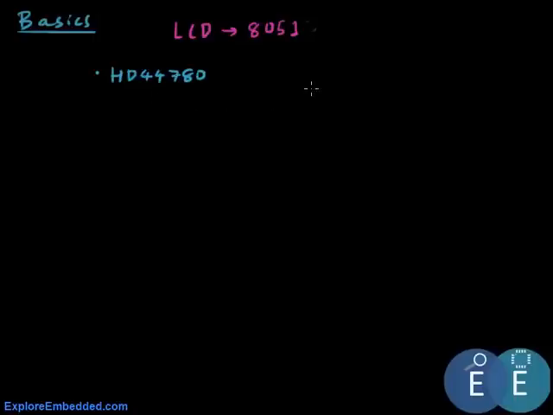Now all the commands that we send from a microcontroller go to the LCD controller, like a 44780, and it displays on the LCD panel. So this is the LCD panel and this is the LCD controller.